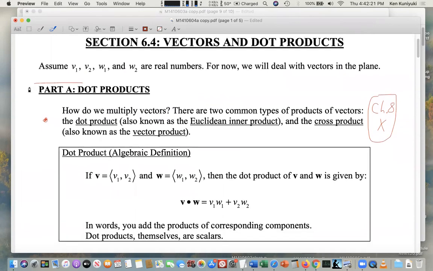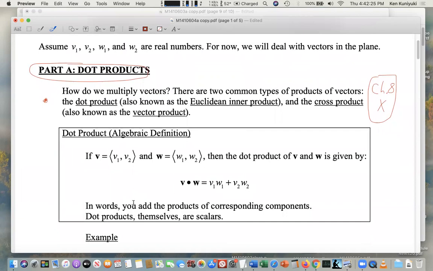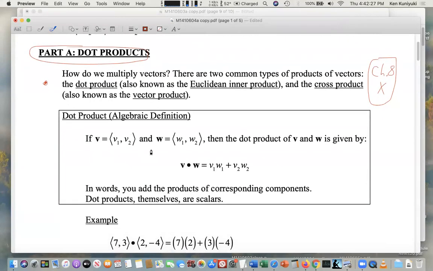We'll see that in chapter 8 when we do determinants. Okay, dot products, the subject of section 6.4. This is one way to multiply vectors. So let's say you have two vectors in Cartesian component form. It's very common in a Math 200 level class to say, let the vector v be angle brackets v sub 1 comma v sub 2, where these are real scalars, real numbers. And the vector w is angle brackets w sub 1 comma w sub 2, where these are in the reals, and they're scalars.